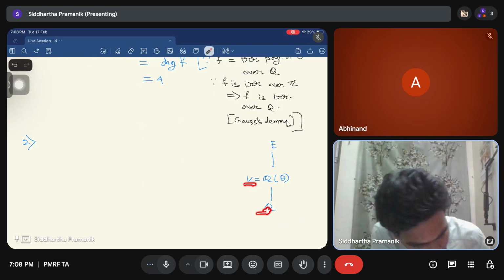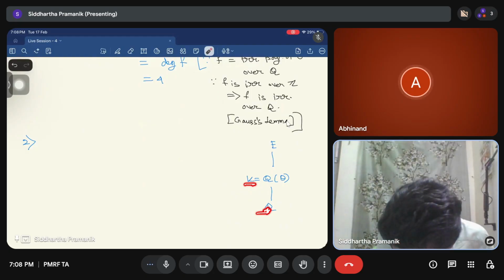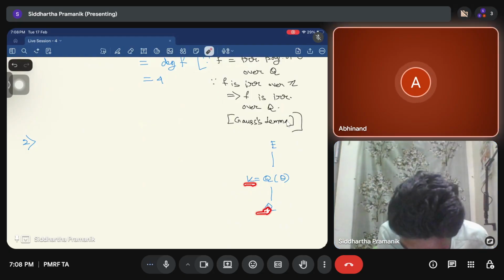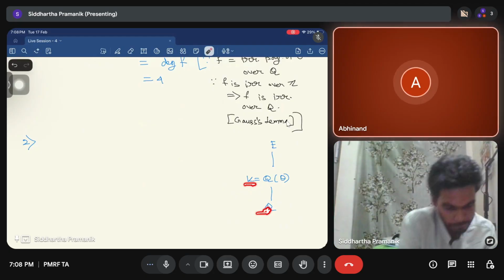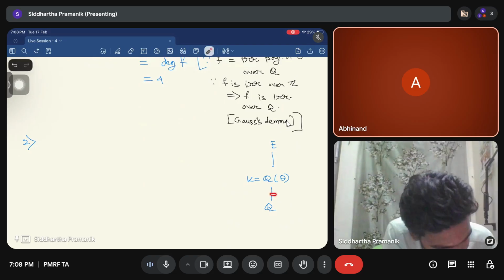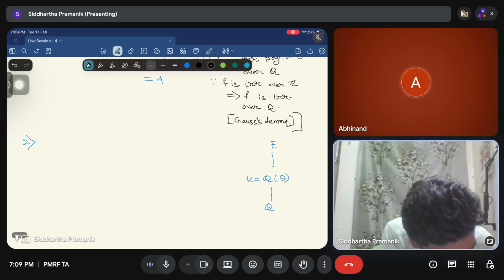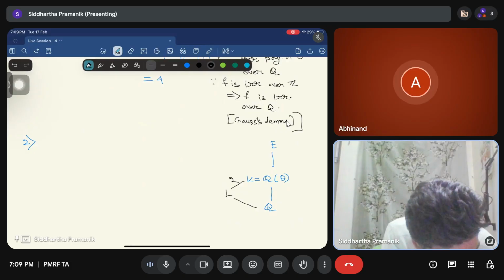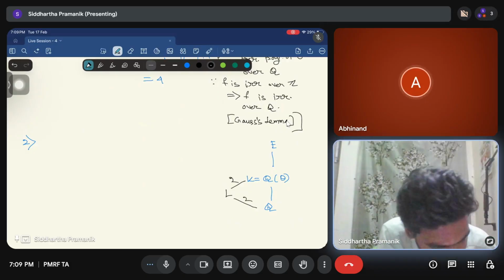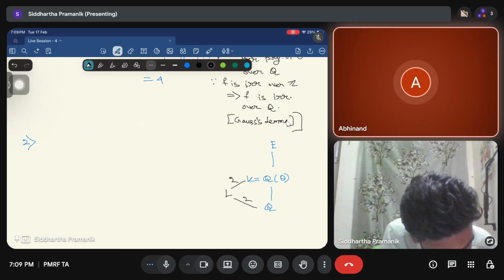So how to do this? Suppose there is another field, then the extension should be 2. Let L be another field sitting between K and Q. Then this degree is 2, and this degree is also 2.